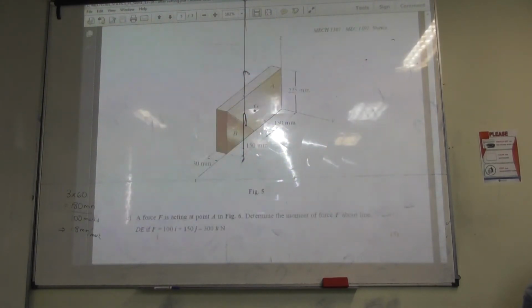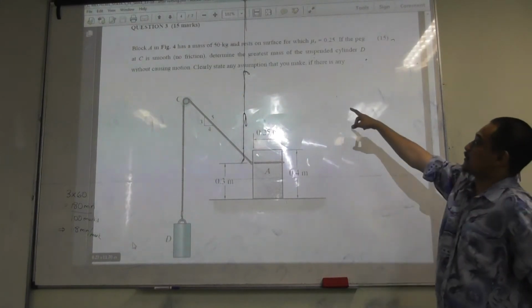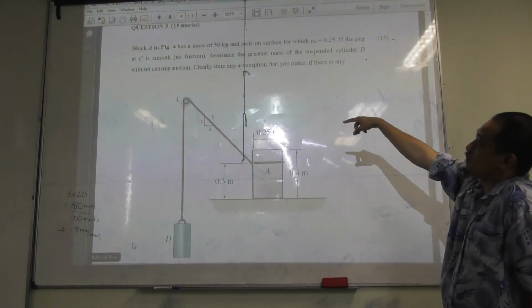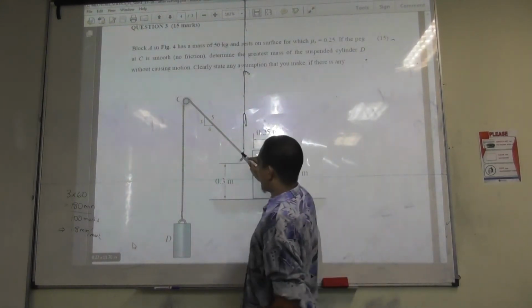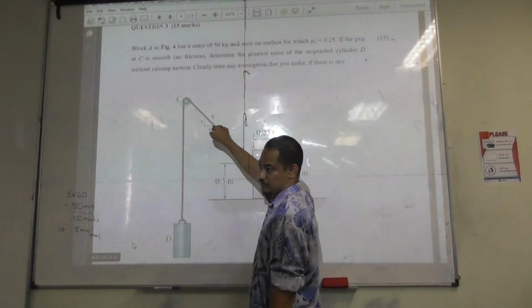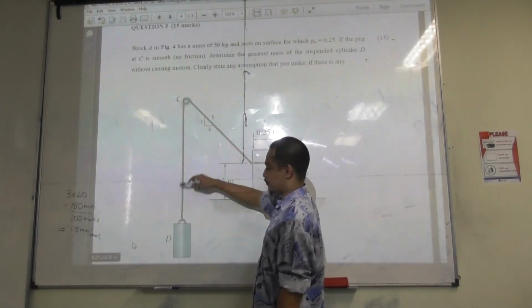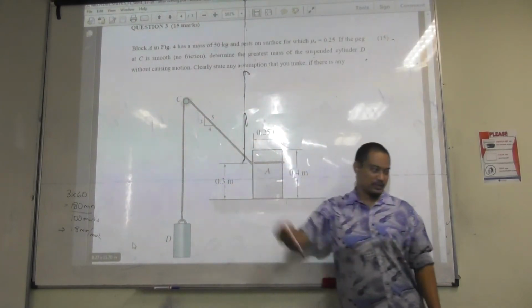Do notice what the question wants. For example, in this case, your final answer should be what just now? Should be mass. When you calculate P just now, what do you get? You get weight, right? So you have to divide by your gravity, right? So to get the full mark. Sometimes we miss that.